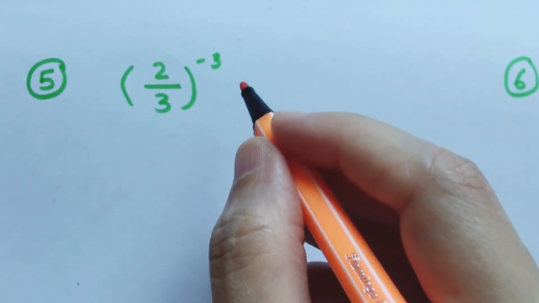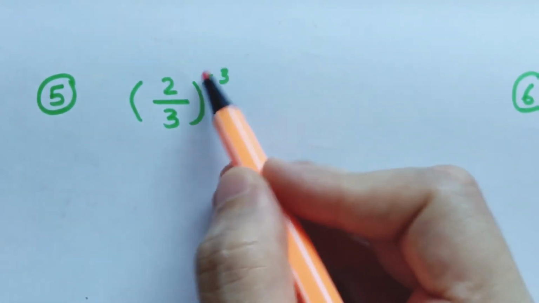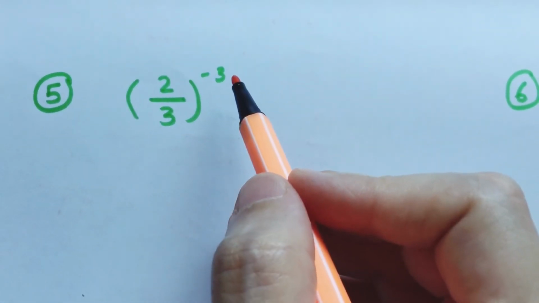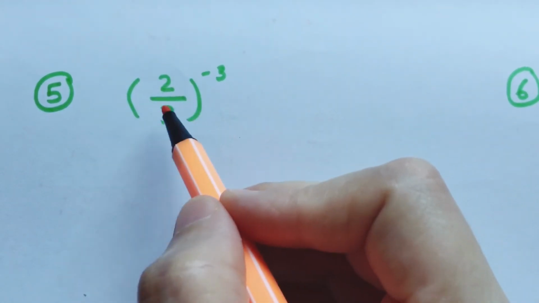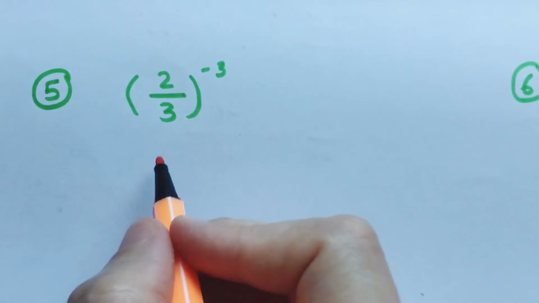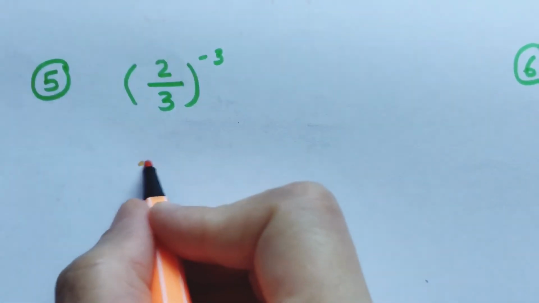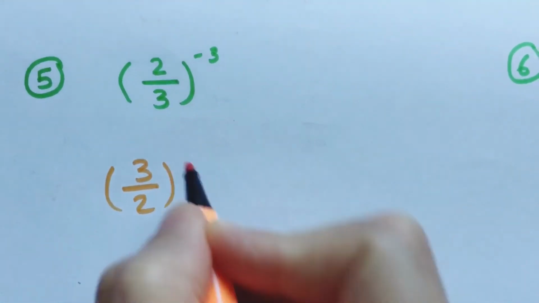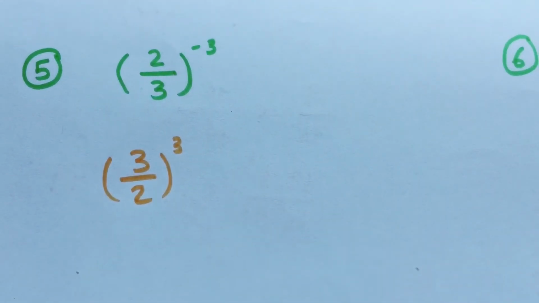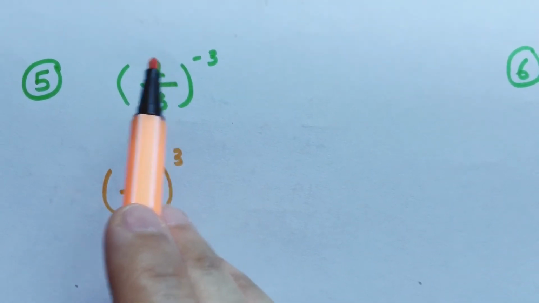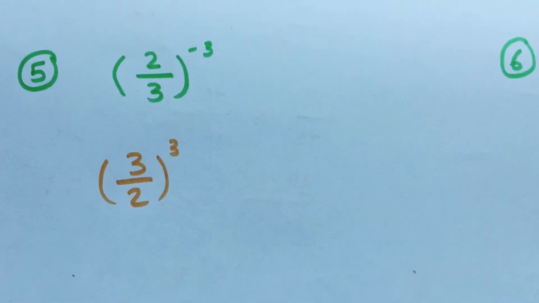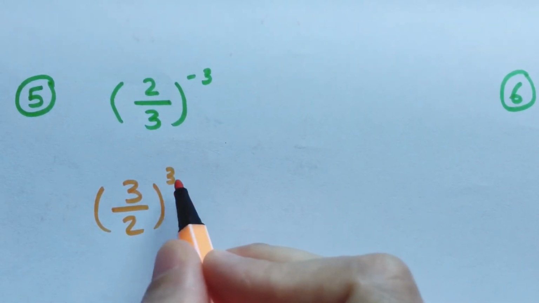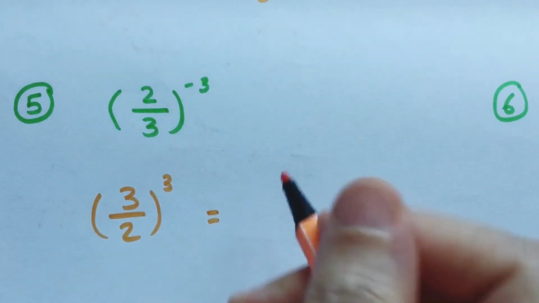Okay, let's see question 5. 2 over 3 all to the power of negative 3. Now this one is negative. How will I keep it positive? I will take the 2 down and the 3 up. We call it the reciprocal. 3 over 2, to the power of 3, because we flip the numbers. The 2 came to the denominator and 3 to the numerator. Now the power is positive.